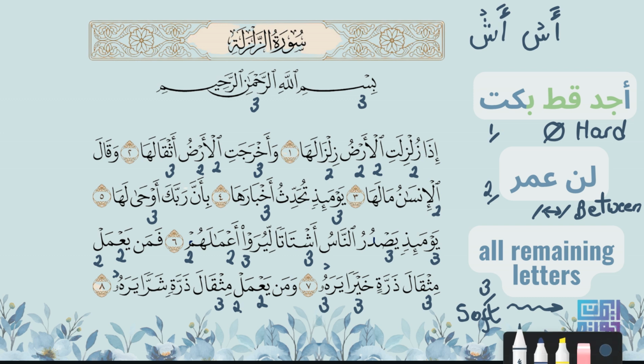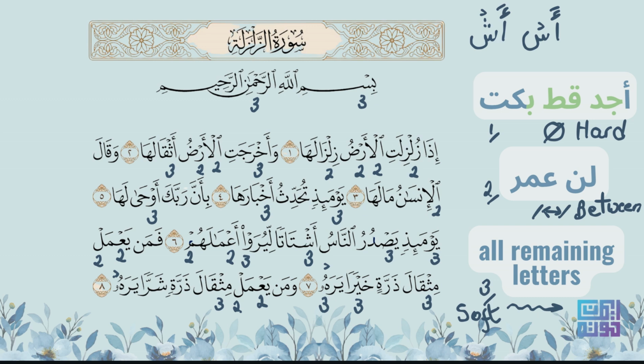We are asked to follow this because, for example, if this lam is not given the correct time in pronunciation, there will be qalqala, and the lam doesn't have a qalqala. So this will be a wrong pronunciation. Listen, if we did not give the lam nor the ra its time, it's going to sound like this.